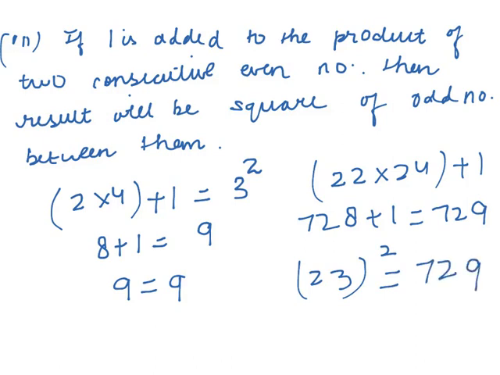So if we add 1 to the product of two consecutive even numbers, then the result will be the square of the odd number between them. And if we add 1 to the product of two consecutive odd numbers, then this will equal the square of the even number between them.